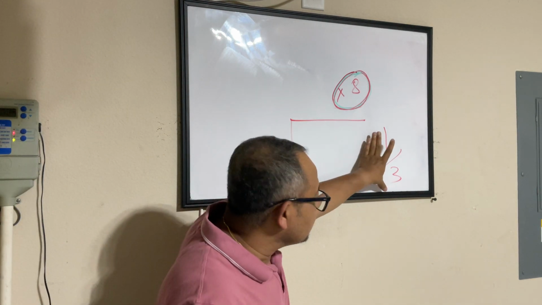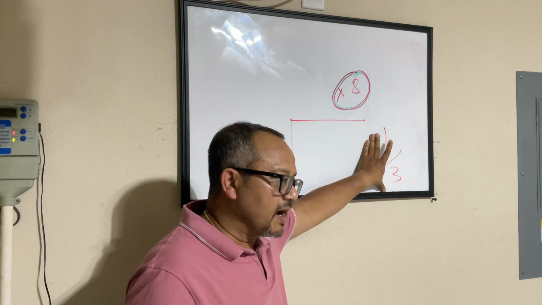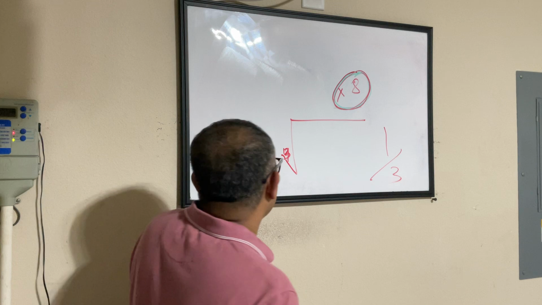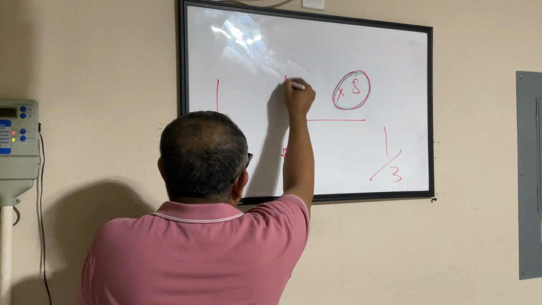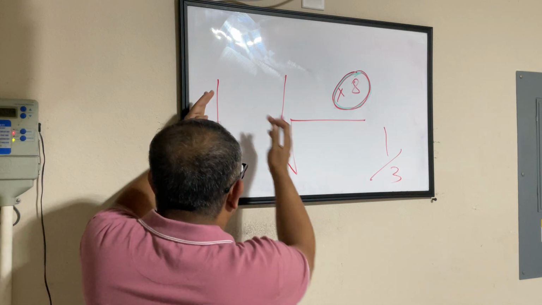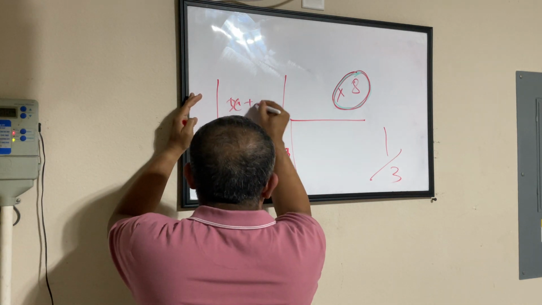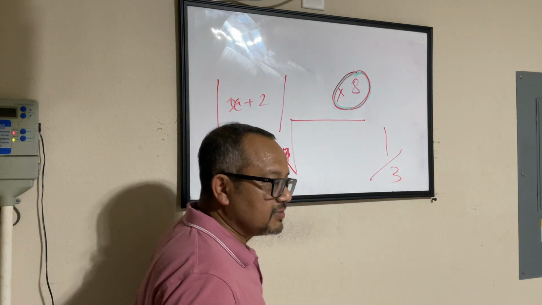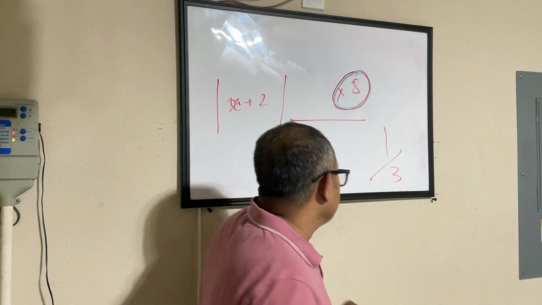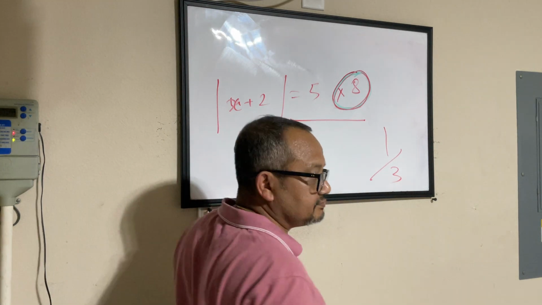When your equation is in the form of a rational number, that's a rational equation. Similarly, a modulus equation is represented like what Sriyan said. When your expression, let's say x plus 2, is written inside two vertical bars, this is called an absolute value equation. If I say this equals 5.